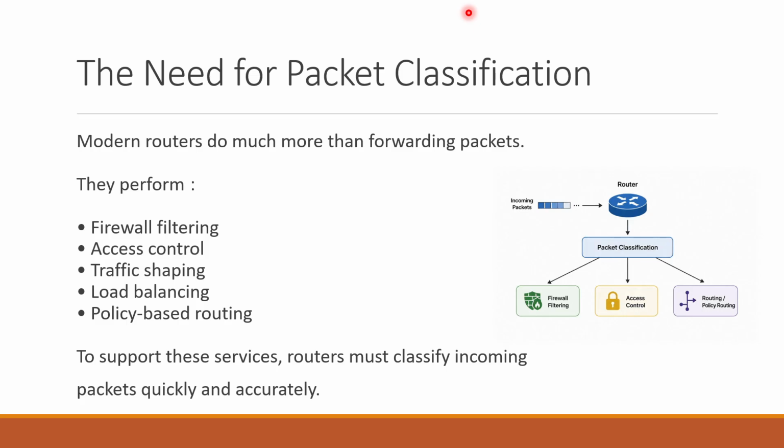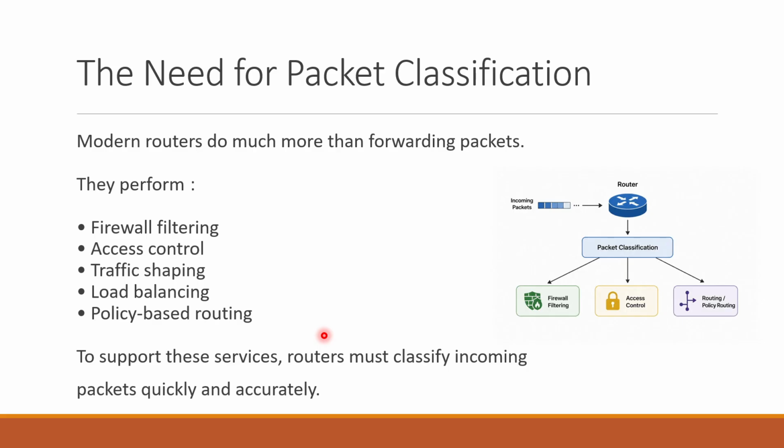First of all, the need for packet classification. Modern routers do more than just forward packets, because they provide many important network services such as firewall filtering, access control, traffic management and load balancing, and other policy-based routing.